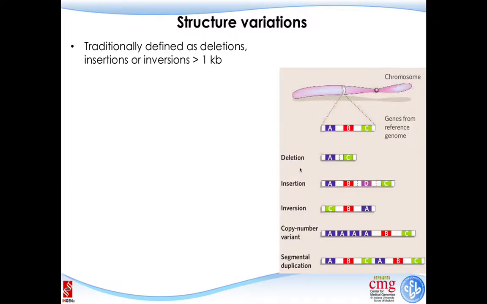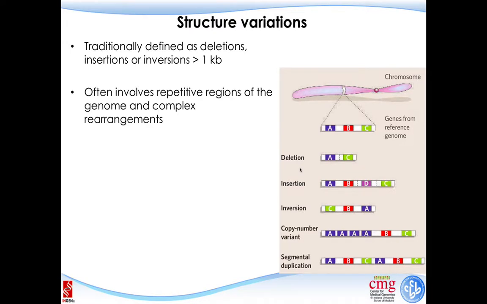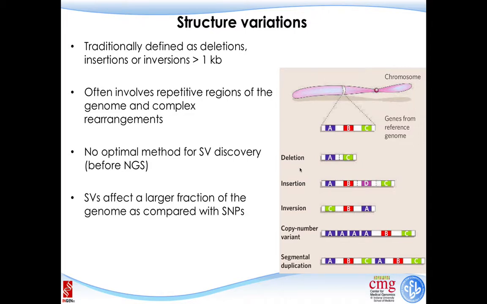Well, structure variation, so I'll just go through a few examples. It's traditionally defined as deletions, insertions, and inversions larger than 1 kb, and often involves the repetitive regions of the genome and complex rearrangements. Before next generation sequencing technology, there were very few tools that we could use to detect structure variation systematically, and NGS obviously changed this fact.